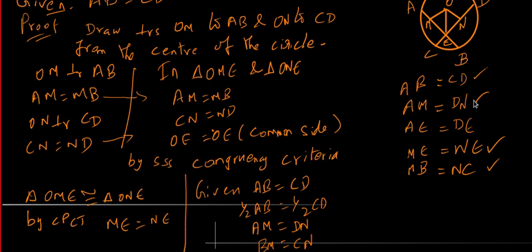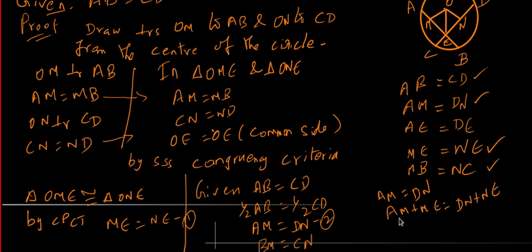And one more thing, AE equal to DE. In this, we have AM equal to DN. If we consider this as equation number 1 and this as equation number 2, and add both 1 and 2, AM plus ME equal to DN plus NE.